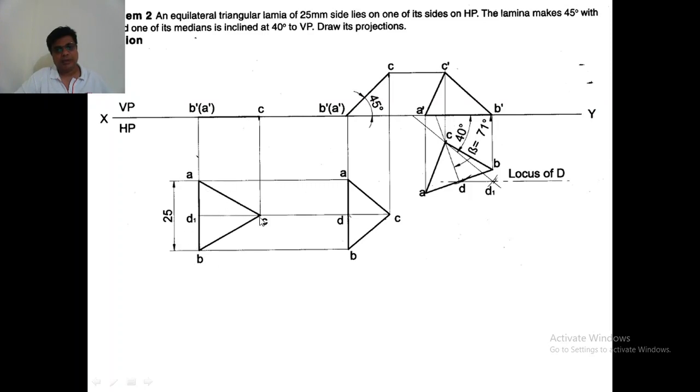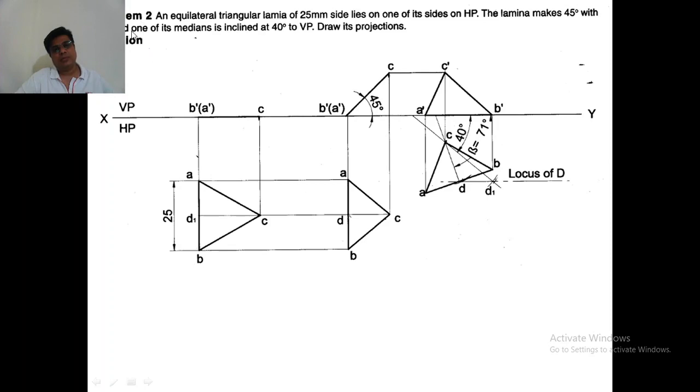Particularly in a triangle, median means you draw a line from one corner and connect it to the midpoint of the opposite edge. So this line CD is called a median. If I ask you how many medians you can draw in a triangle, there are 3 corners and 3 edges, so I can draw 3 medians in the triangle.